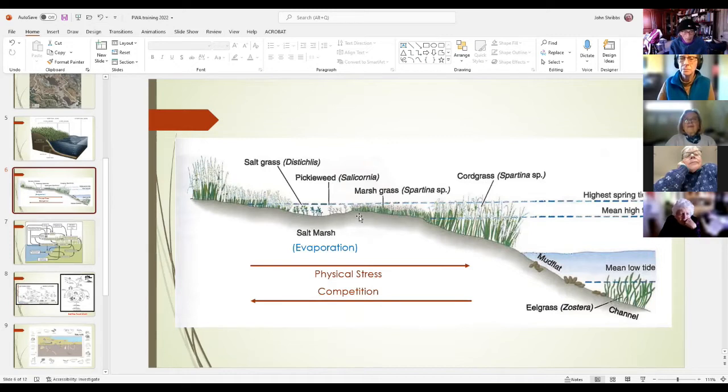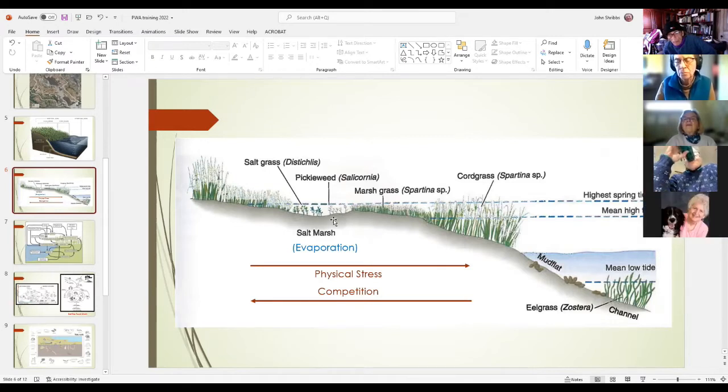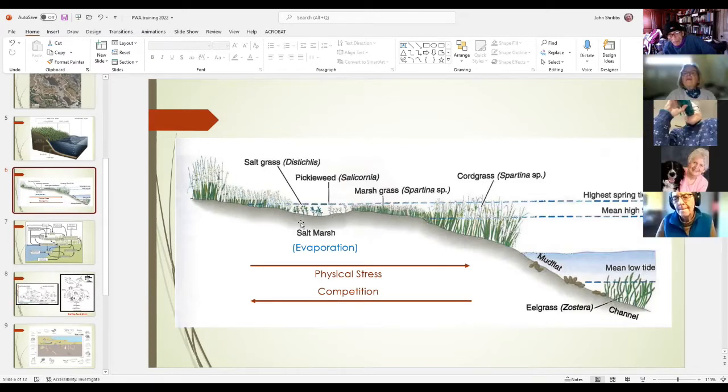So this area becomes much saltier because of the evaporation. That's where we have all the salt ponds down in the South Bay, where we actually had most of our salt production throughout California, which are now being restored. That's a whole other story that we could tell about the restoration of the salt ponds. But the salt marsh is much higher in salt.